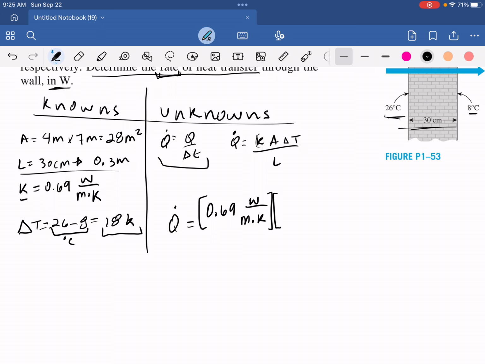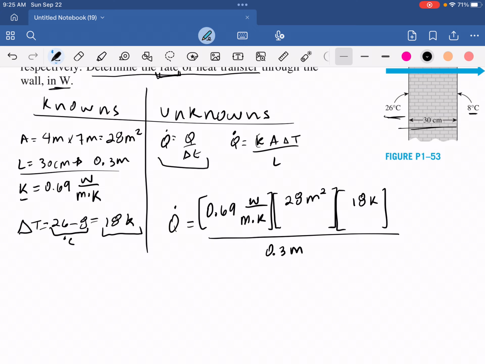My area, which I already did, is 28 meters squared, and then the difference in temperature is 18 kelvins divided by the thickness, which in this case is 0.3 meters. Okay. Now, some of you might be asking yourself, does it matter if I put parentheses or does it matter if I put brackets? No, it does not.